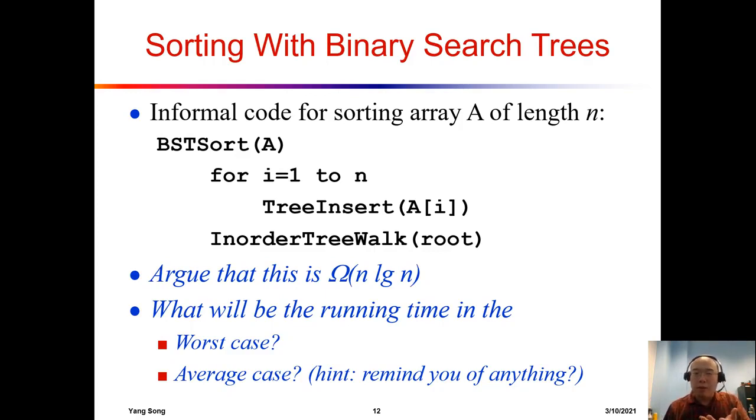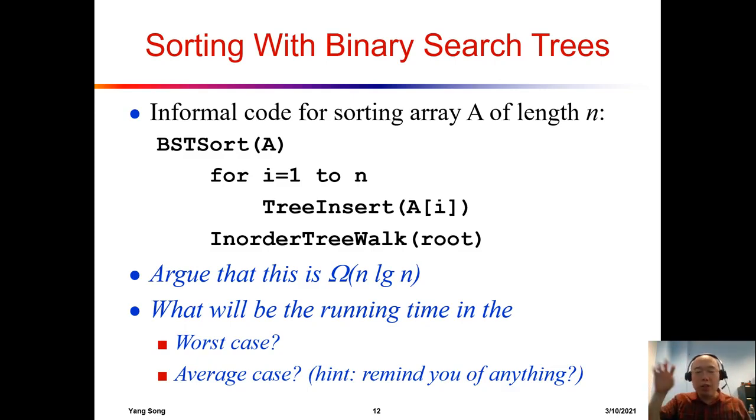The next part is, is our binary search tree based sorting algorithm also a comparison based sorting algorithm? The answer is yes. Why? Because when we are building this binary search tree one by one, how do we find the right location to do the insertion? We are doing comparisons, right?